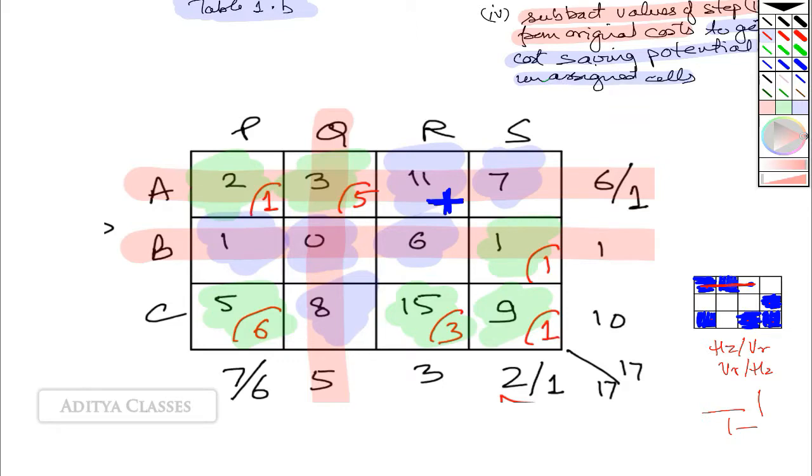This is a horizontal move. Remember, I am not doing this movement. I am not going like this and then this. I am not making two movements, rather I am making a direct jump. If I make this direct jump from here to here, this is a horizontal move. Now from horizontal I need to move vertically.